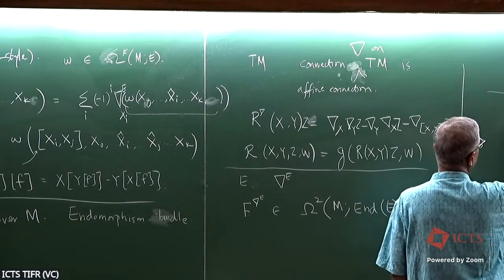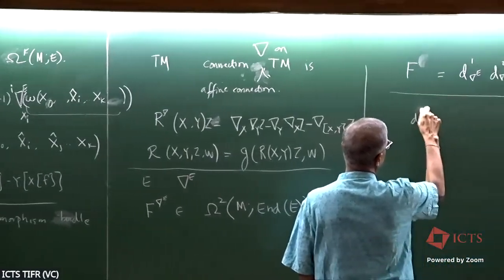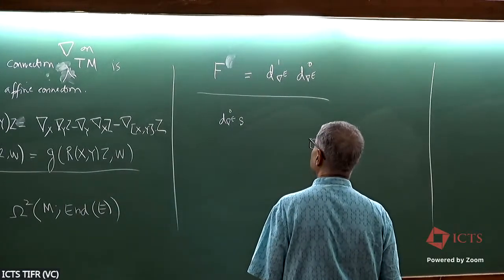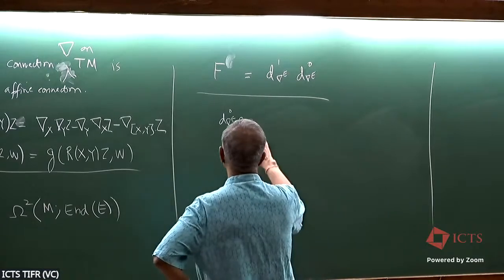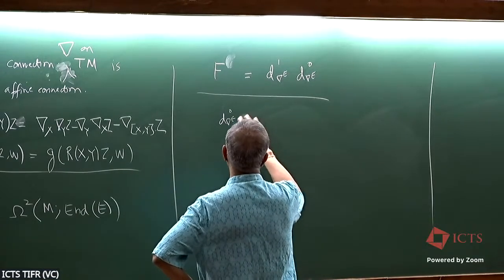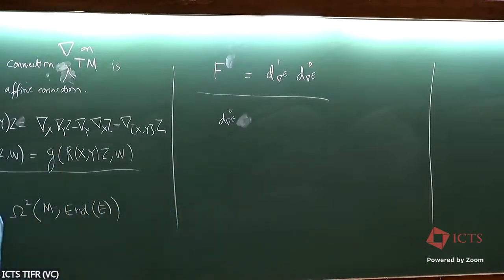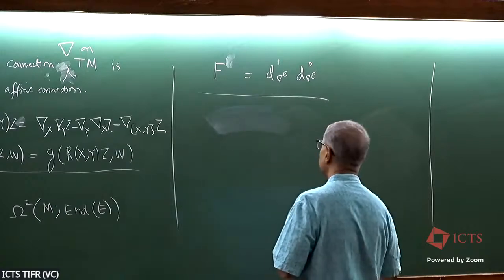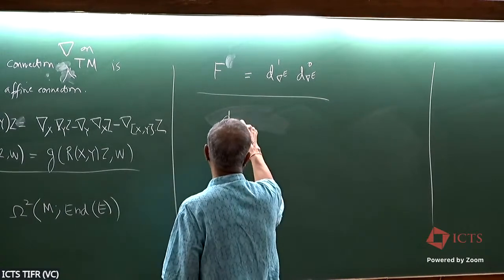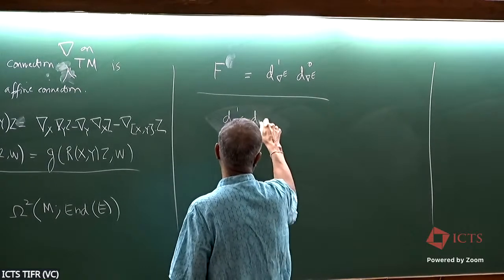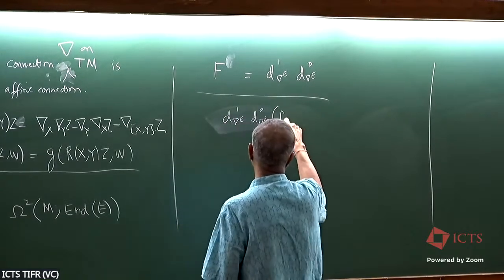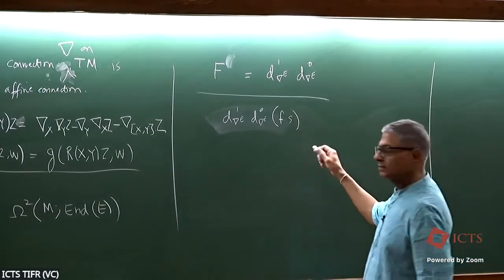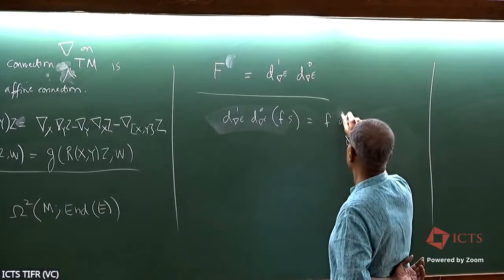So let's take d nabla 0 of a section. I want to show that this thing is an endomorphism. It acts like a linear map. I want to show you that if you take d nabla 1, d nabla 0 of f times a section, then there is no Leibniz rule.